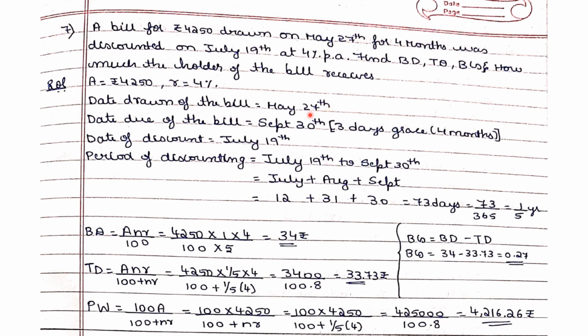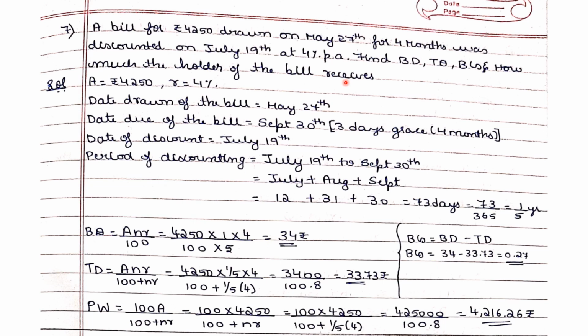So what is the due date of the bill? How can you calculate, sir? It is given for 4 months. So after May, calculate 4 months: June, July, August, September. September will be the 4th month.